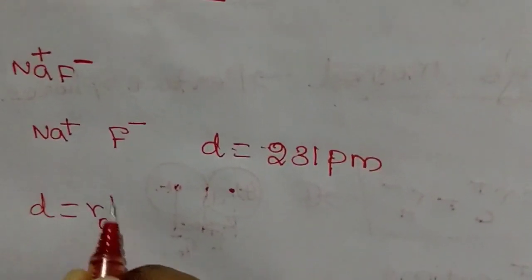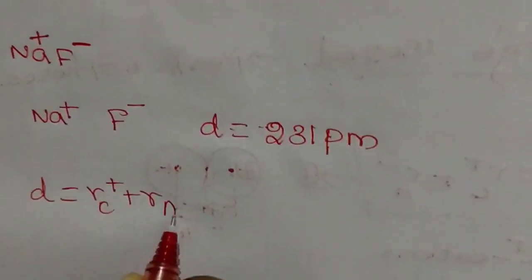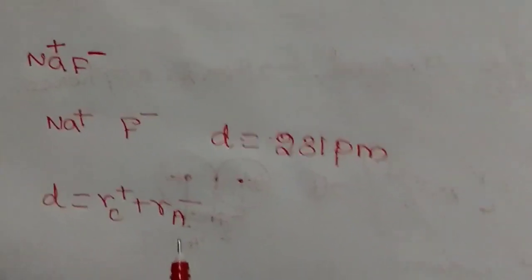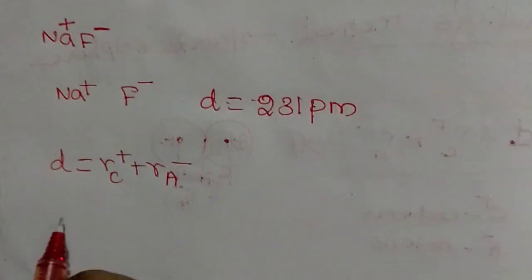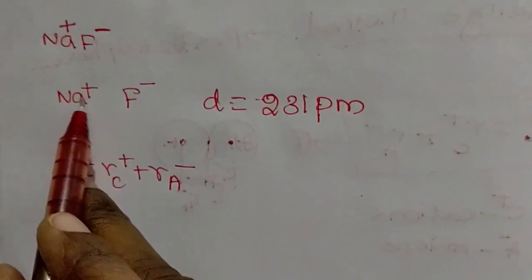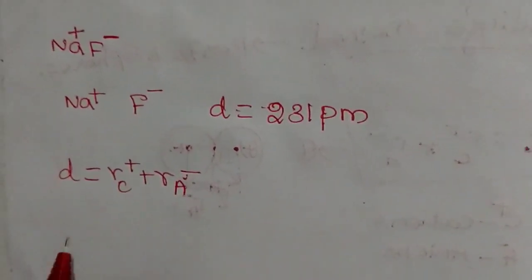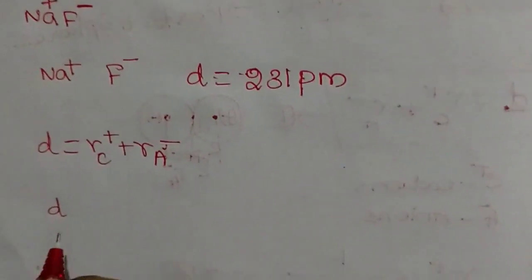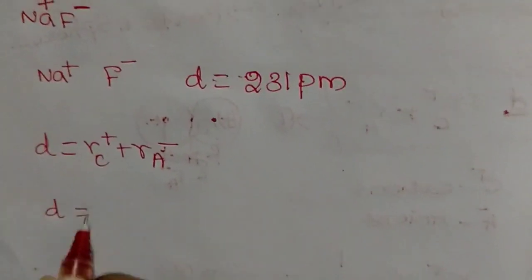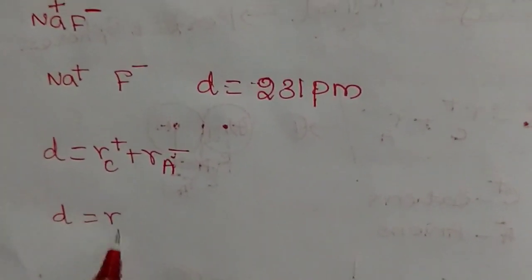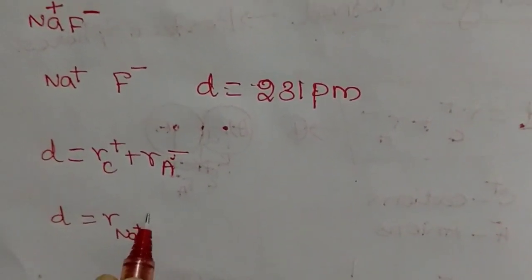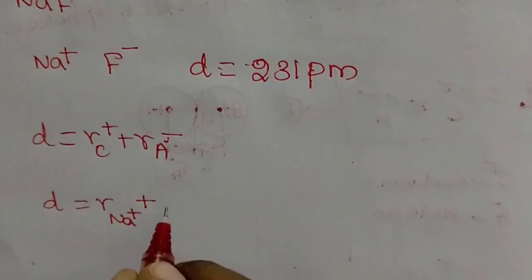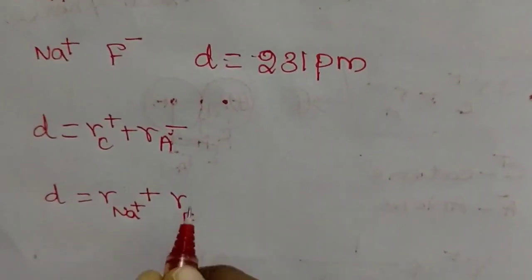r_C+ plus r_A-. How to write this equation for sodium fluoride? Which one is the cation? Sodium. The anion, fluorine. So write the distance d equal to the radius of Na+ plus the radius of F-.